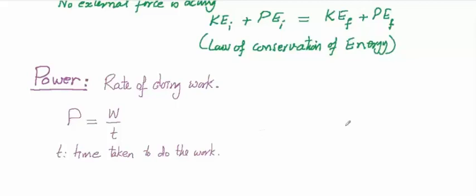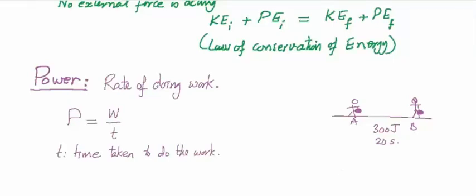For example, one person is doing work, holding a parcel and taking it from point A to point B, doing work on the parcel. This person is doing 300 joules of work and taking 20 seconds.